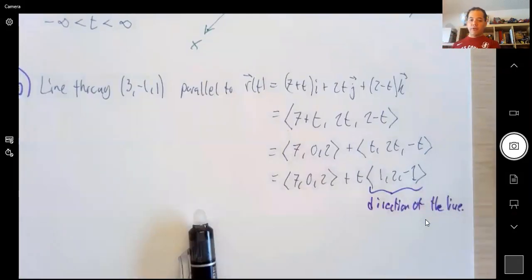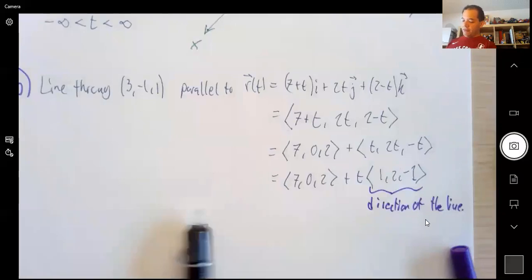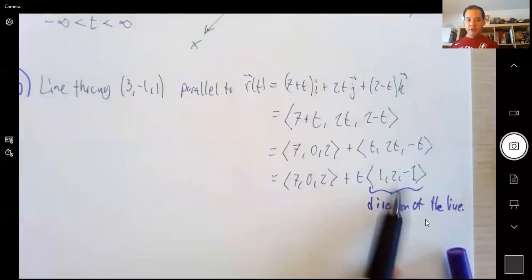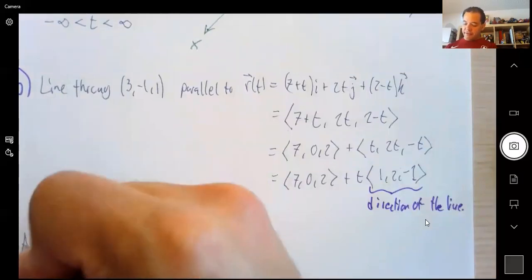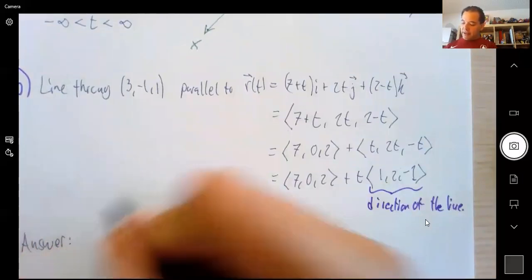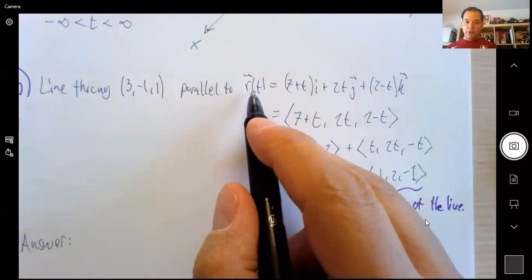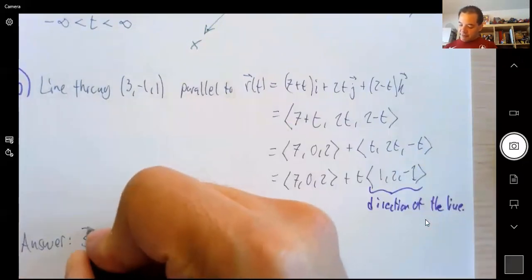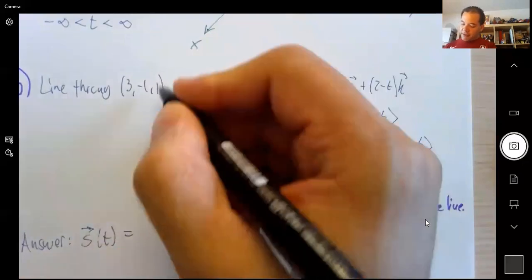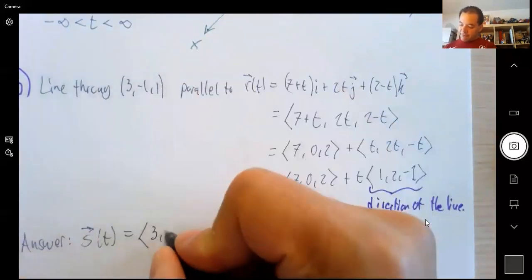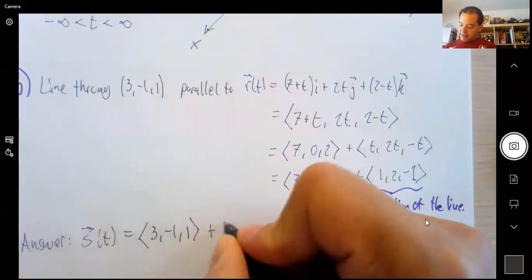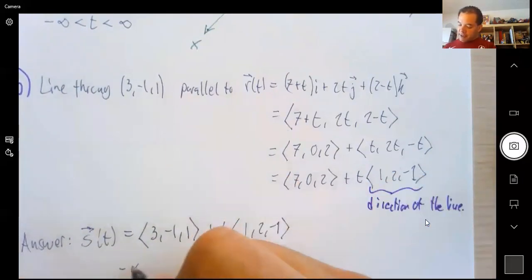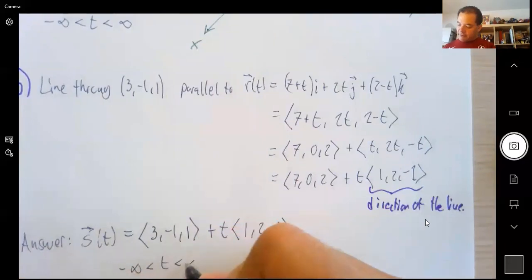So we're good. To finish the problem, we only need a line that goes through this point with this direction. Well, that's easy. So here's the answer. I cannot call it R because the name R was already chosen there. So let's call it S. S of t will start at this point and then use this direction, for t between negative infinity and infinity.